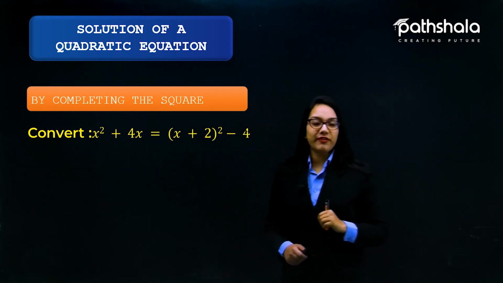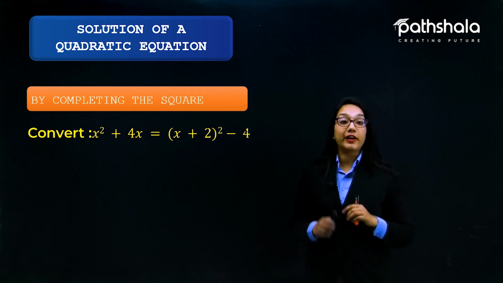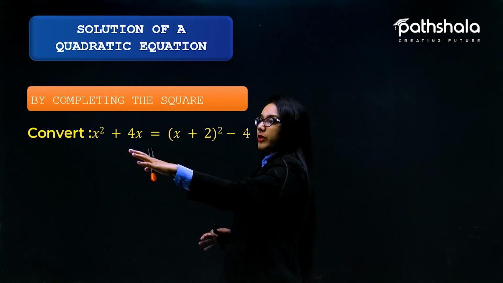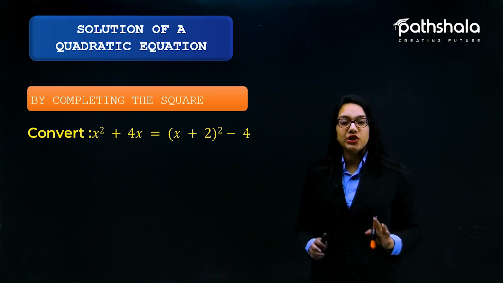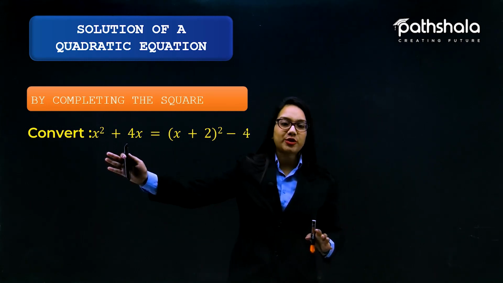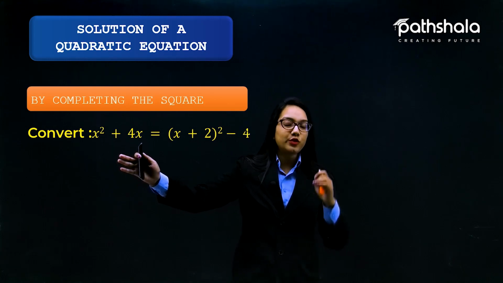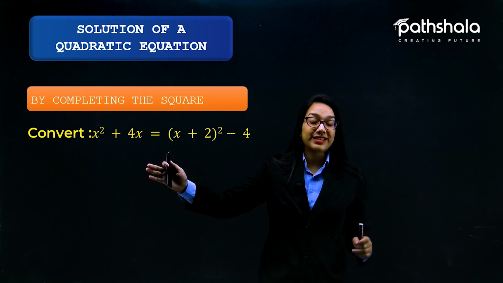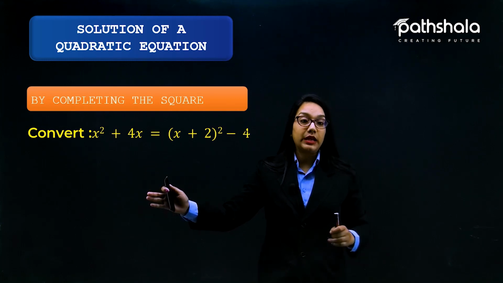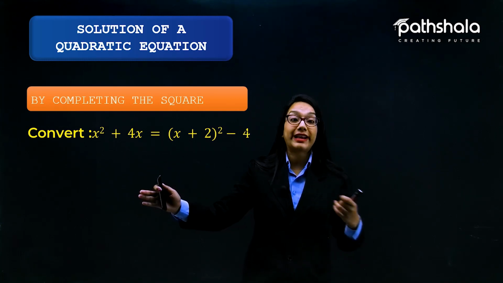So let us see how we have converted x square plus 4x into this particular form. Let's just take x square plus 4x first, and let us suppose I am taking them in the formation of a rectangle.